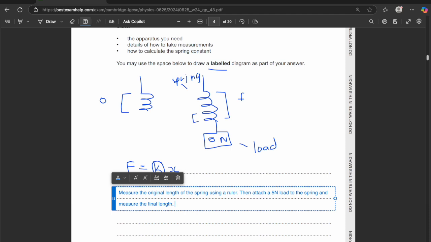Then subtract the original length from the final length to calculate the extension.